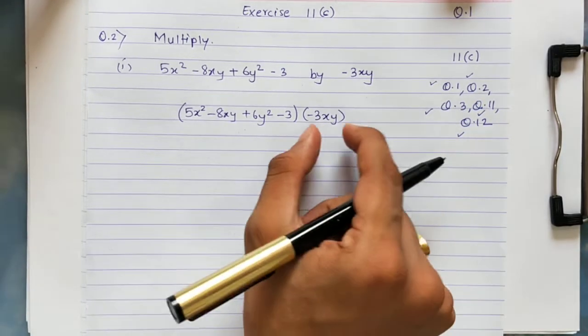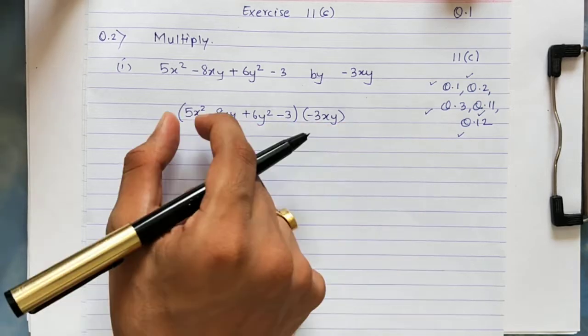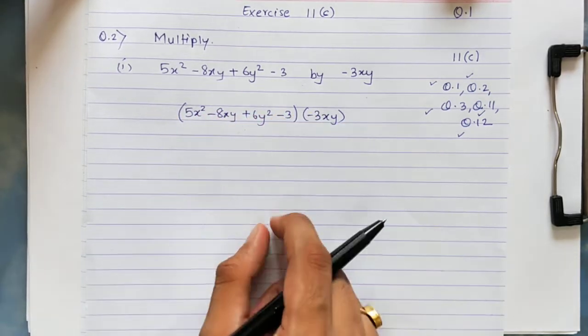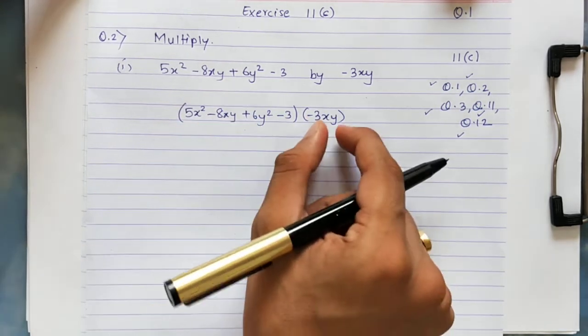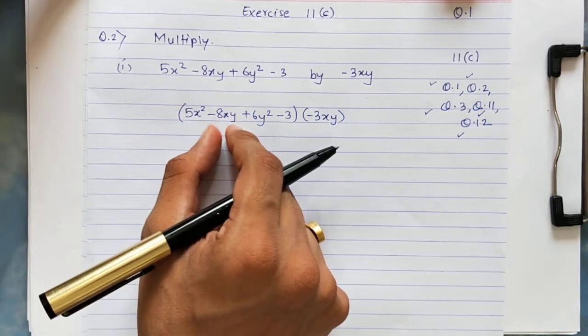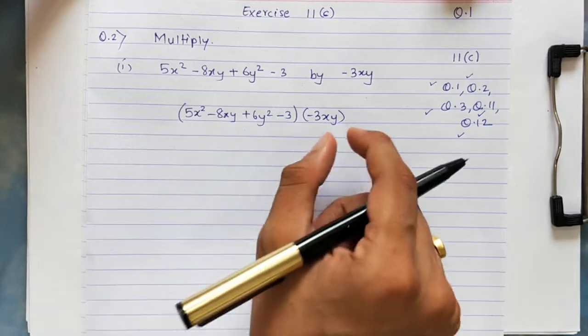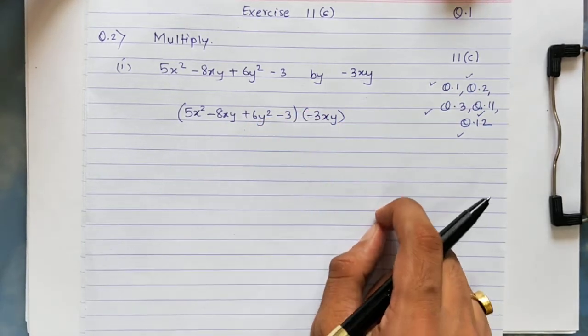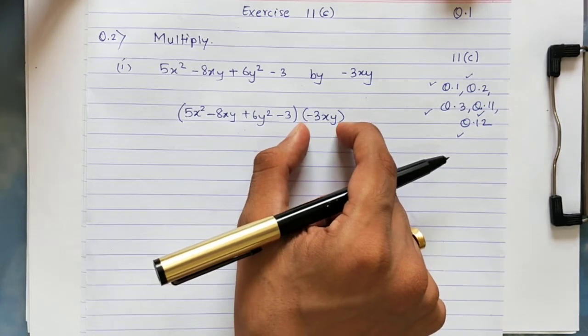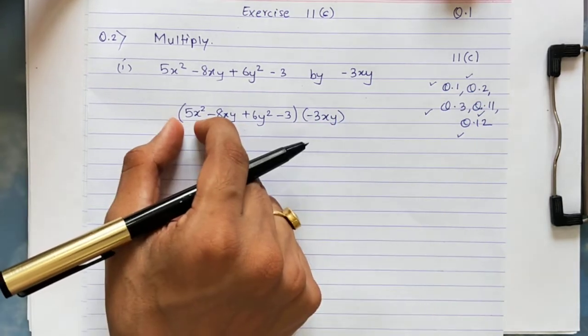How to multiply? This term will get multiplied with each of the terms. So minus 3xy into 5x square, minus 3xy into minus 8xy, minus 3xy into 6y square, minus 3xy into minus 3.